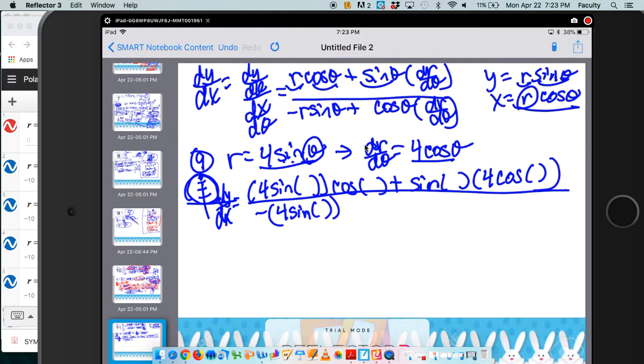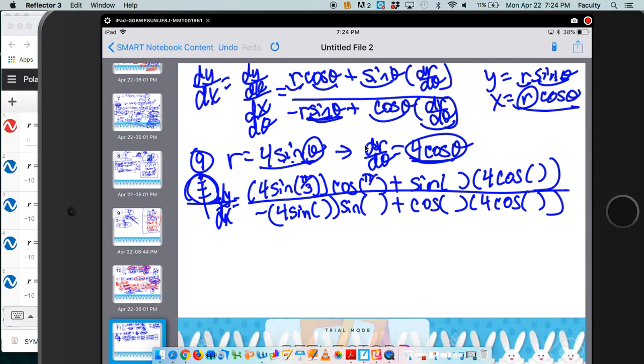I couldn't do this from memory, I would definitely want to write that down and look at it. Sine theta plus cosine theta, dr d theta is 4 cosine theta. And for number 9, we're doing this at pi over 3. I'm going to put in pi over 3 everywhere there was a theta.